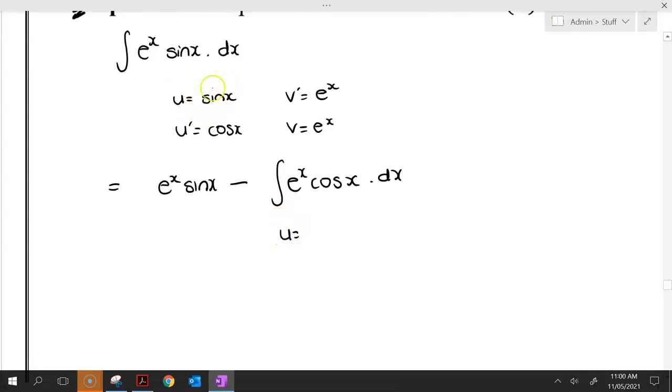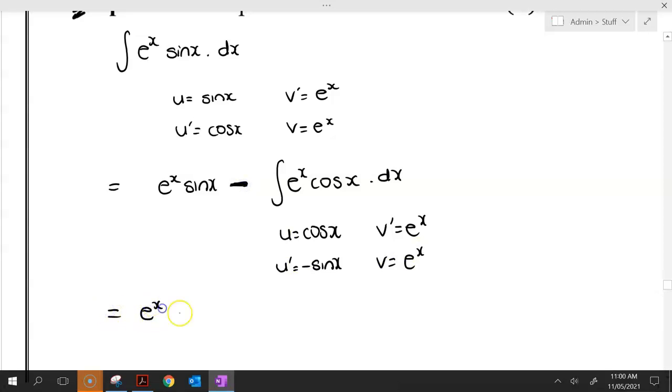Repeat the process. Make sure u remains with the trig function. Don't try and change it now, thinking life's going to be easier. So now u dash will equal negative sine x and v will equal e to the x. And I'm going to have to be careful because this negative didn't cancel out this time.